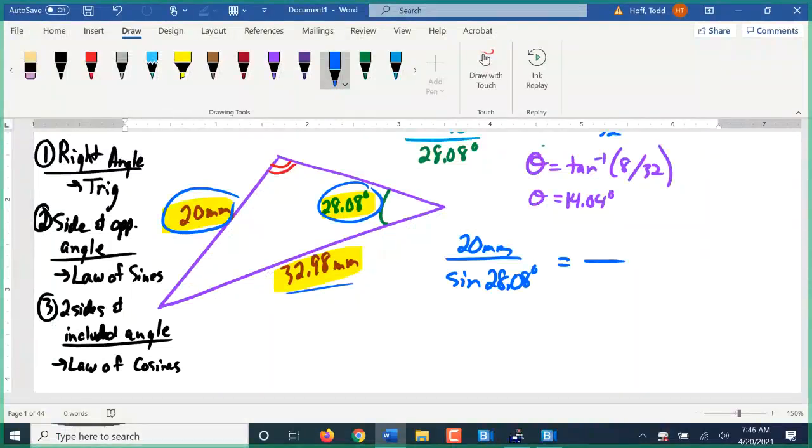Is that going to go on top or bottom? This one can go on top, yes. 32.98 millimeters.